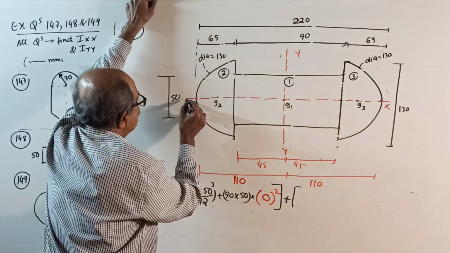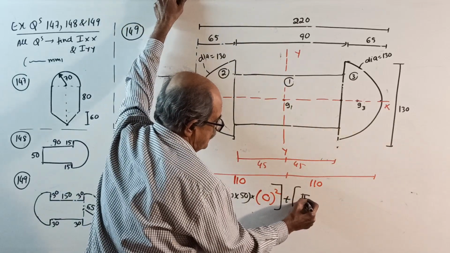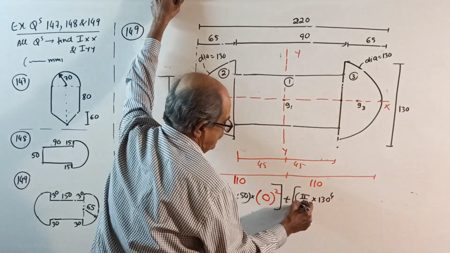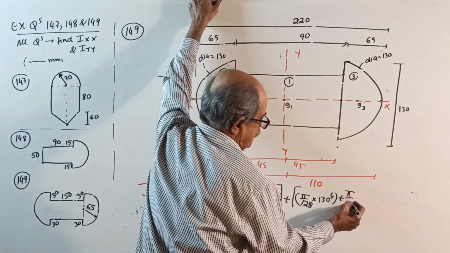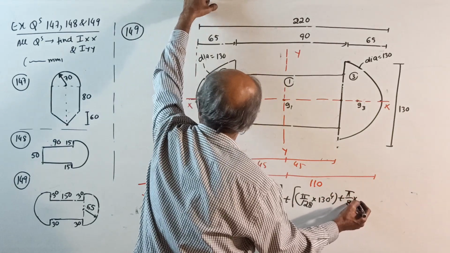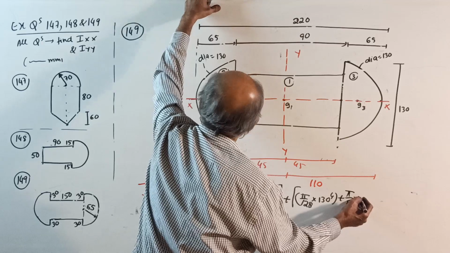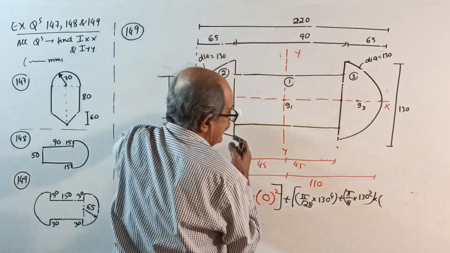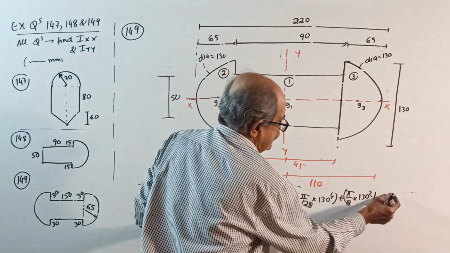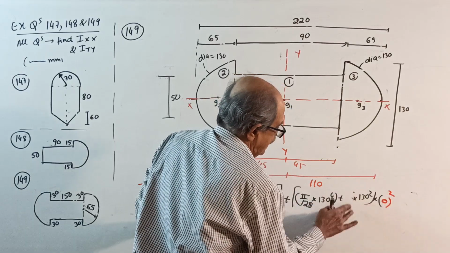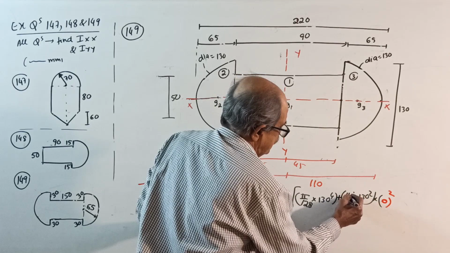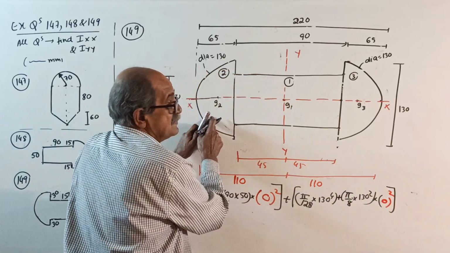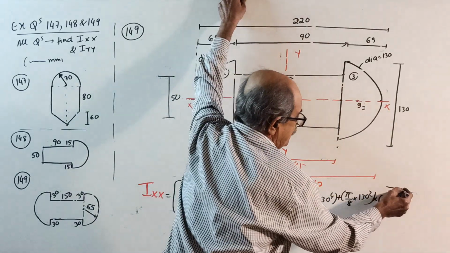Do for 2, first about its own axis: pi by 128 into diameter 130 power 4, IG, plus area pi by 8 of 130 square into 0 square, as the centroid also lies here. This is for this semicircle. Same for this one, so multiply by 2.